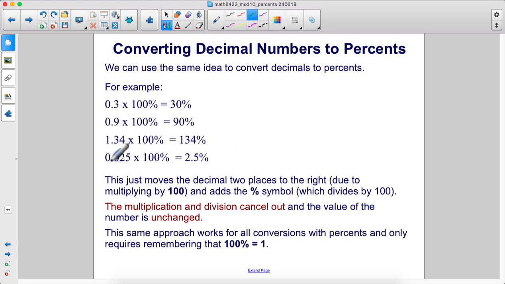This just moves the decimal 2 places to the right due to multiplying by 100, and adds the percent symbol, which divides by 100. Therefore, the multiplication and division cancel out. The value of the number is unchanged. This same approach works for all conversions with percents and only requires remembering that 100% equals 1.